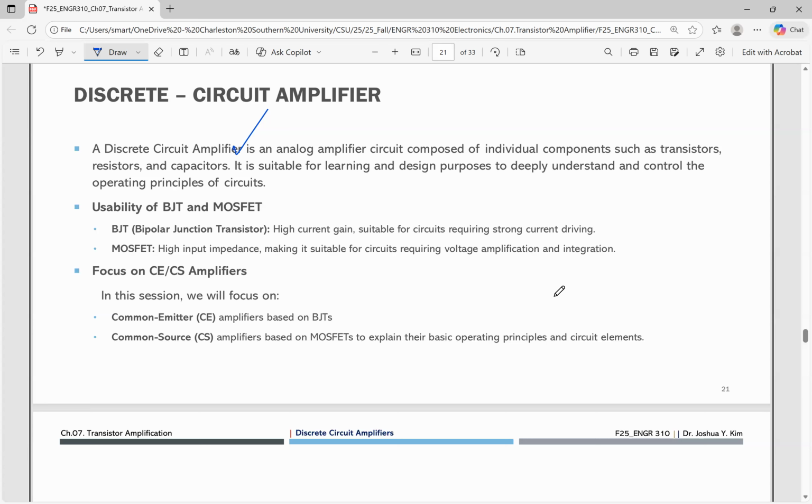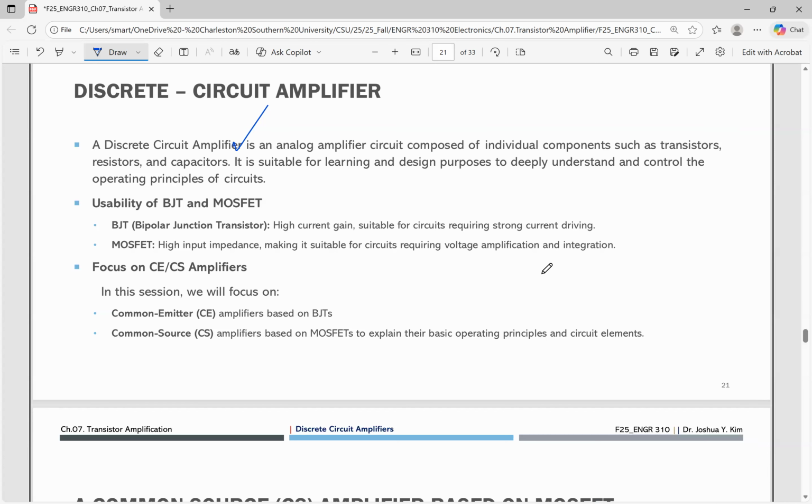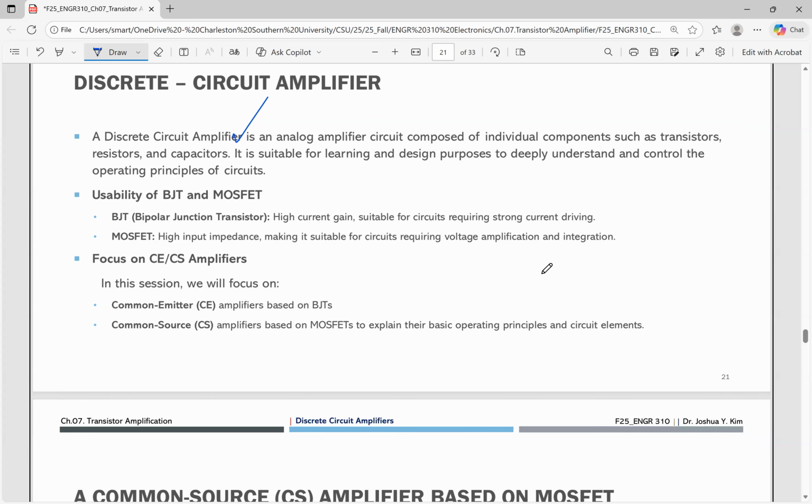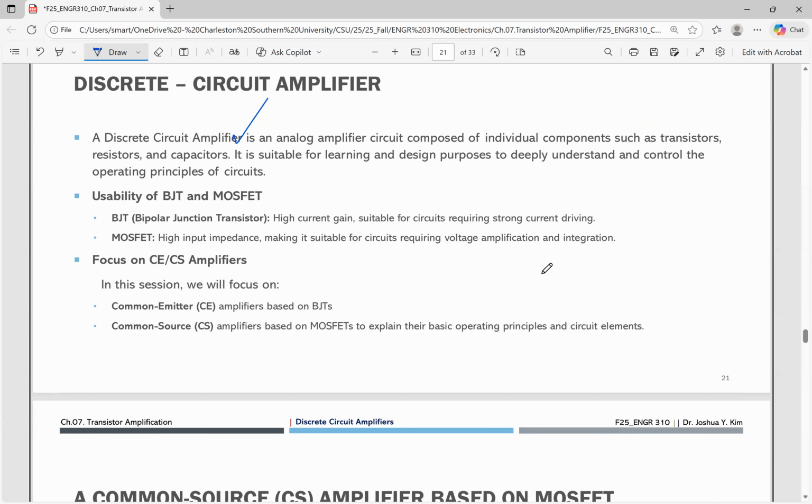The BJT, bipolar junction transistor, is usually used for high current gain and is suitable for circuits requiring strong current driving, while the MOSFET has high input impedance, making it suitable for circuits requiring voltage amplification and integration. As I said before, there are a lot of options for transistor amplifier applications, but here the most popular types are for the BJT and the MOSFET.